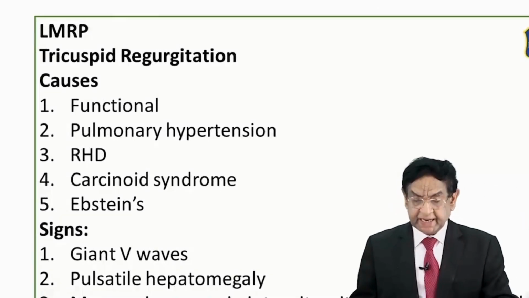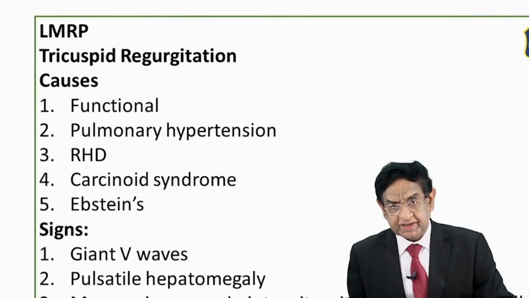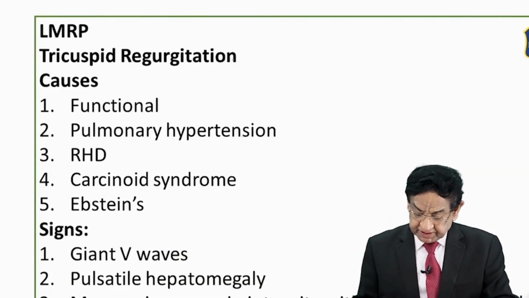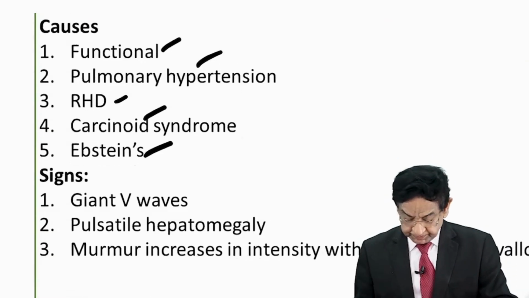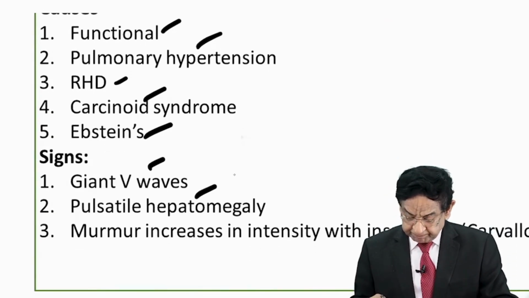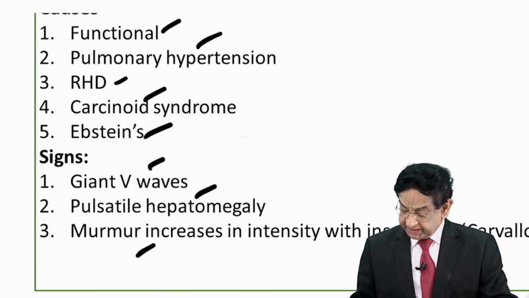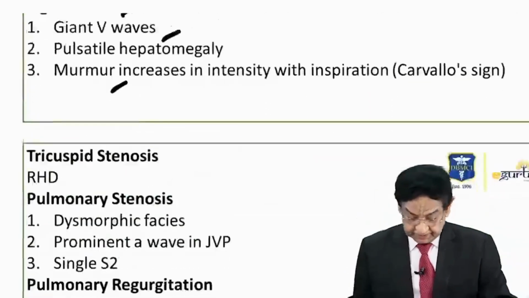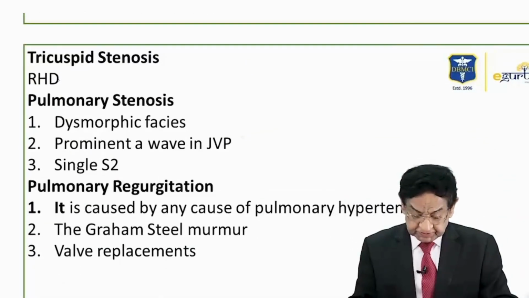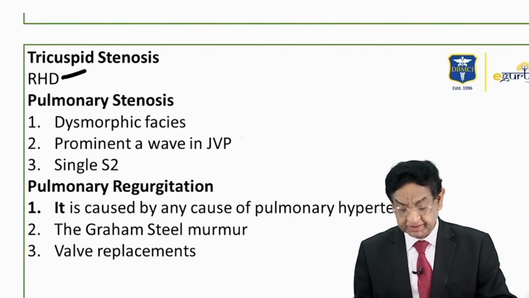So a quick recap of the 4 valvular lesions we studied just now. Tricuspid regurgitation: functional, pulmonary arterial hypertension, RHD, carcinoid, and Ebstein anomaly. Giant V wave, pulsatile hepatomegaly, and murmur increasing with inspiration is Carvallo's sign. Tricuspid stenosis we see in RHD.